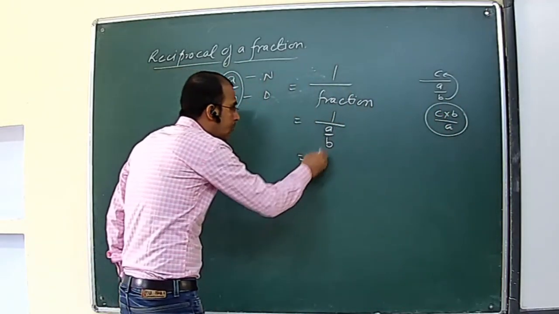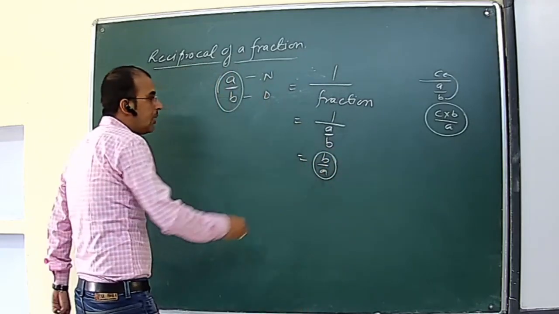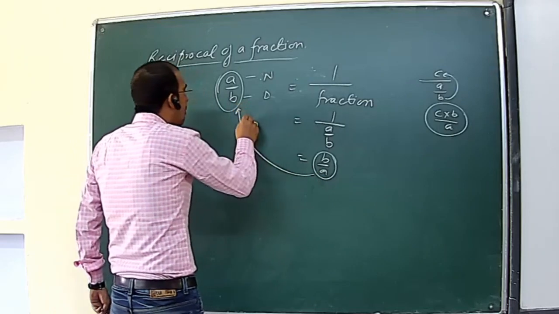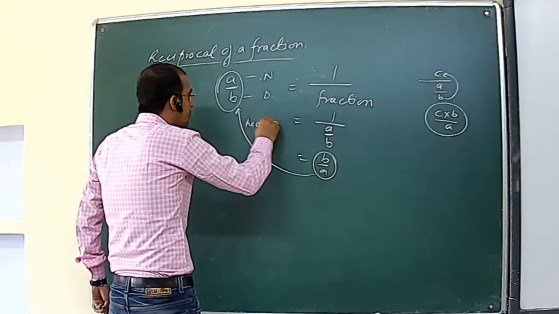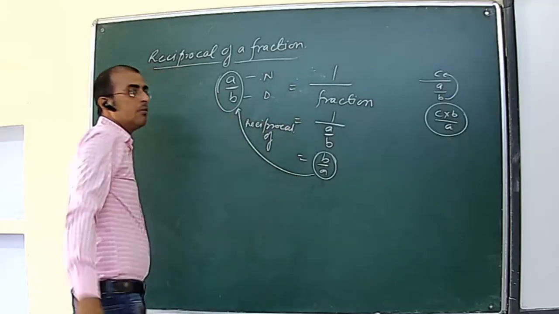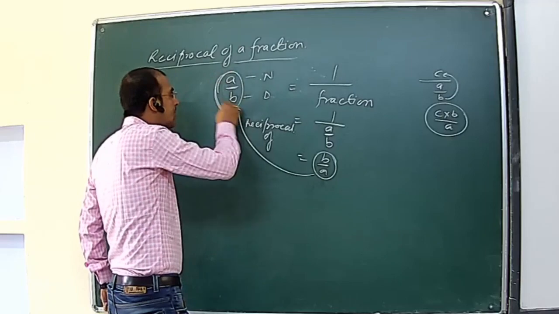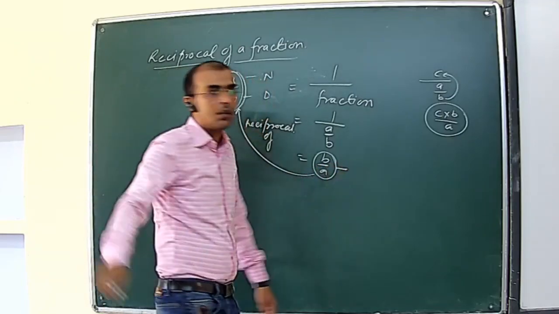So we can write B upon A. And what is B upon A? B upon A is the reciprocal of A by B. Is it clear? Or you can say that A by B is the reciprocal of B by A.